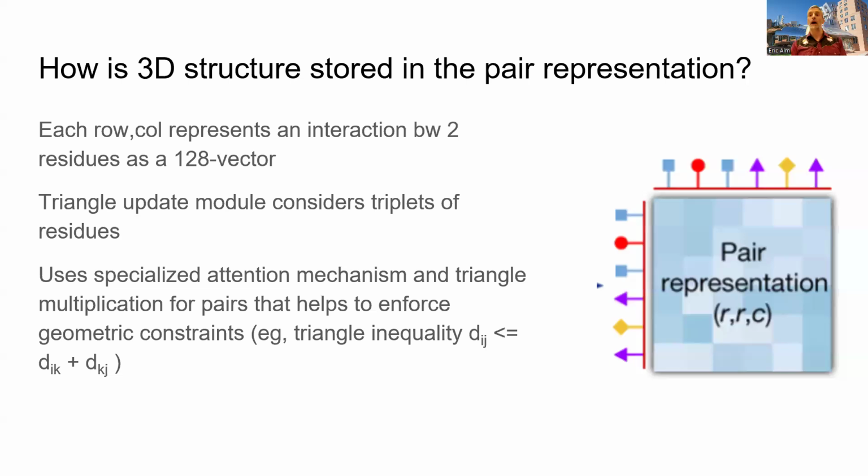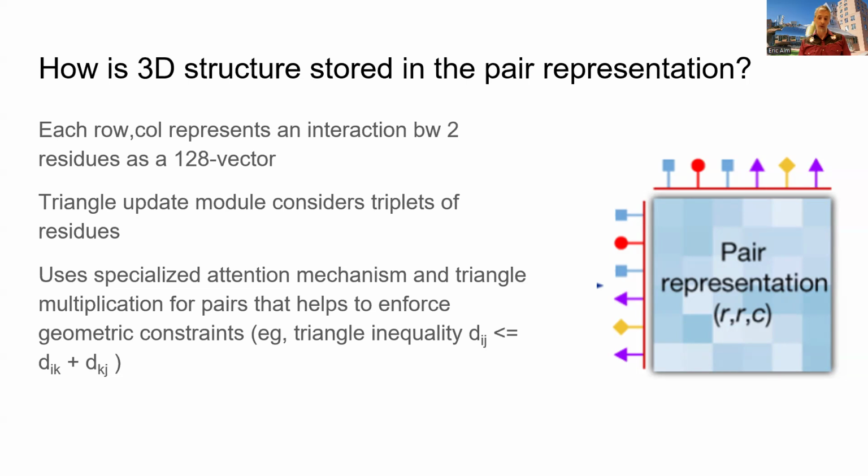There's something else that's really unique to AlphaFold 2, as far as I know, that helps to enforce this. And that is that there's special passes where residue ij, that pair, and then residue jk, that pair, get to inform the pair interaction between i and k. And so they have these triplets.